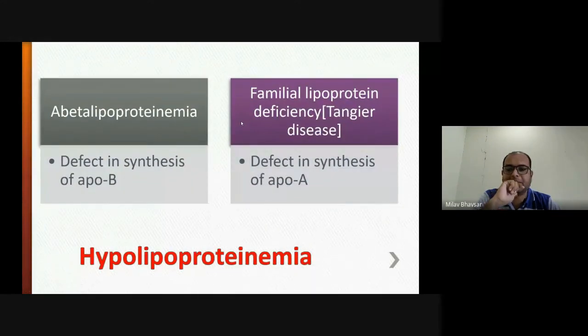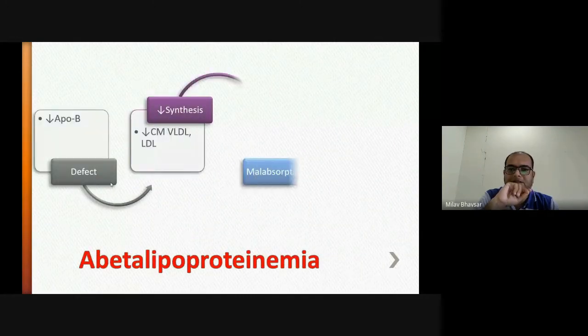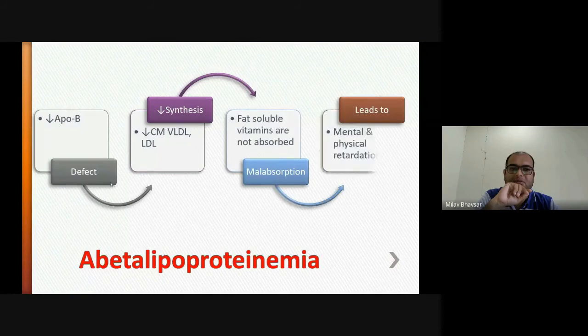Then there is hypolipoproteinemia: abetalipoproteinemia, and familial lipoprotein deficiency or Tangier's disease. Here your APO is defective. In abetalipoproteinemia, your ApoB is defective. So this is your condition.